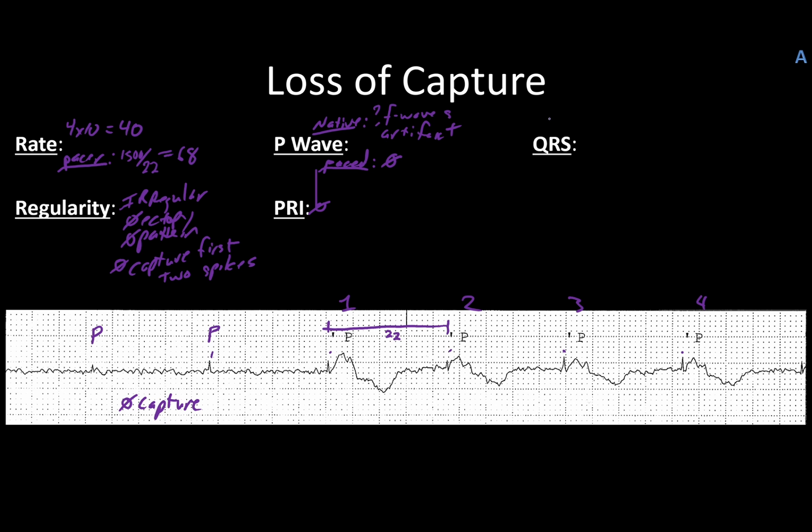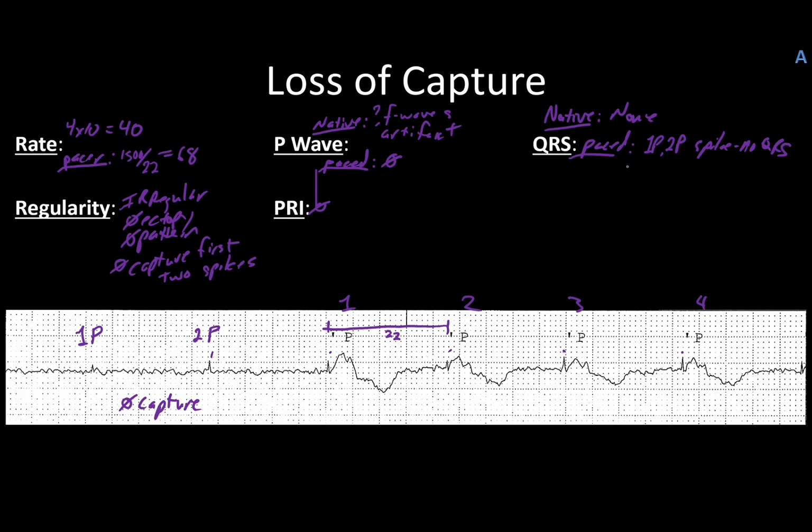So we move to QRS, native, and we have none. There's no native QRSs, because obviously there's this huge stretch here where it could have tried and it did not. So none. From a paced standpoint, we have, so I'll just call this 1P, 2P, 1P, 2P, spike, no QRS.